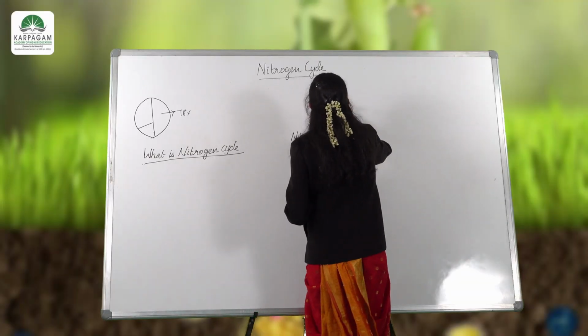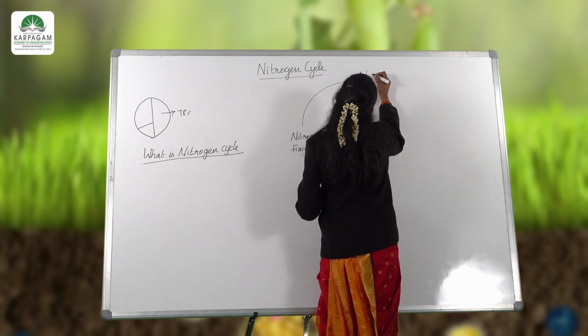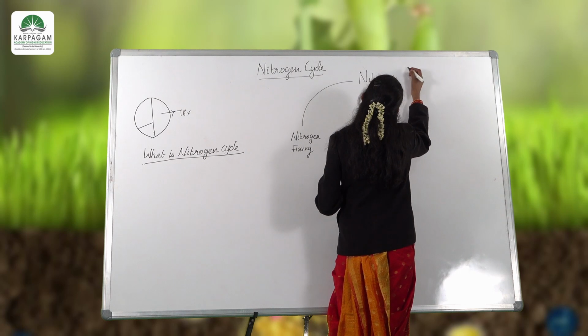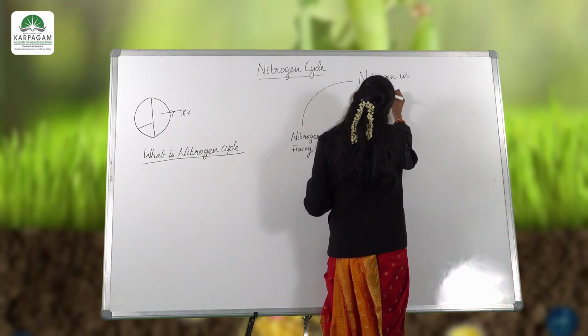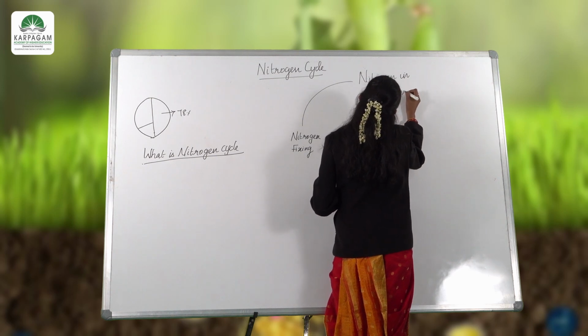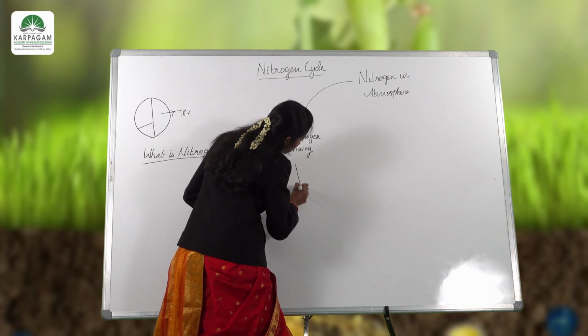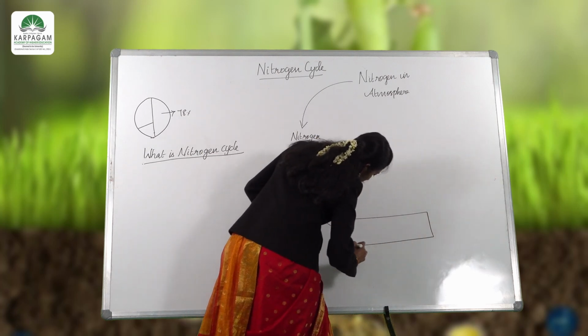So we have nitrogen fixing as one part. So how is this nitrogen present in the atmosphere? Nitrogen fixing happens in the first stage, and then generally we have a pool, right?